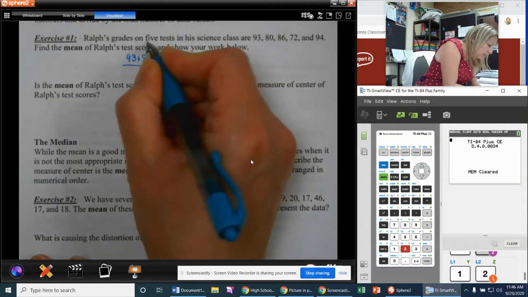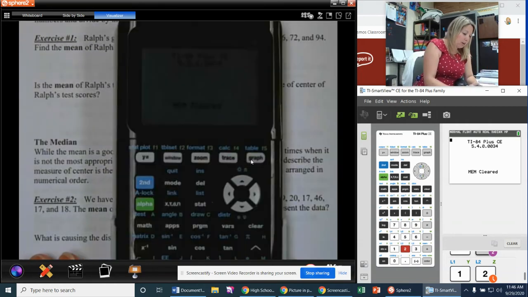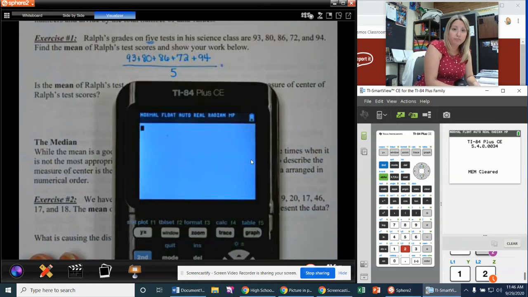We already knew that, because it said right there, 5 test scores. On your graphing calculator, that looks like 93 plus 80, plus 86, plus 72, plus 94, and press enter. Divide that by 5. What do we get? 85.